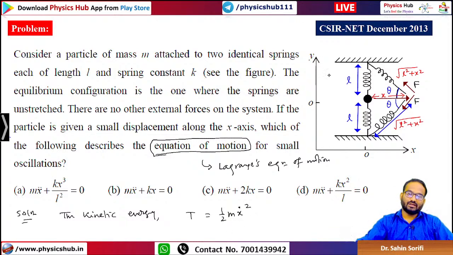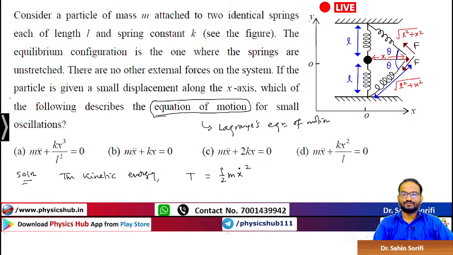This is simply the kinetic energy. Now what is the origin of the potential energy? The origin of the potential energy is the displacement. So you make a displacement and as a result the spring is elongated, and that change in length is stored as the potential energy of the system.